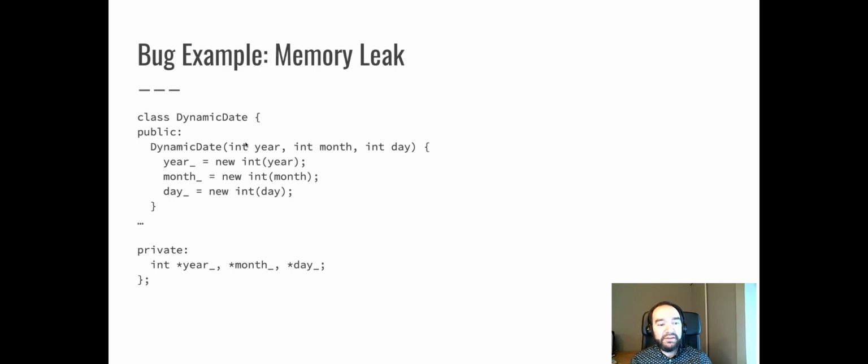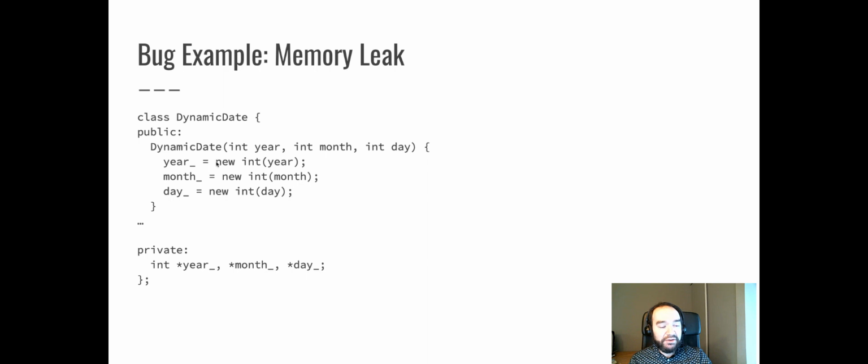So Date is passed an int year, int month, and int day, and I initialize pointers to ints by allocating new int year, new int month, new int day. And this syntax here calls the copy constructor on the int type, which will allocate a new int on the heap dynamically and copy the value of year with no underscore into that new int object.